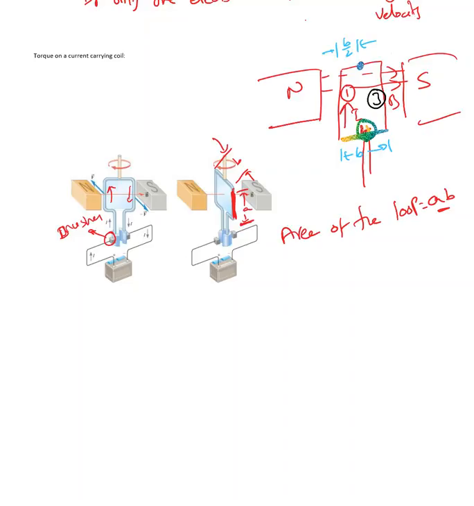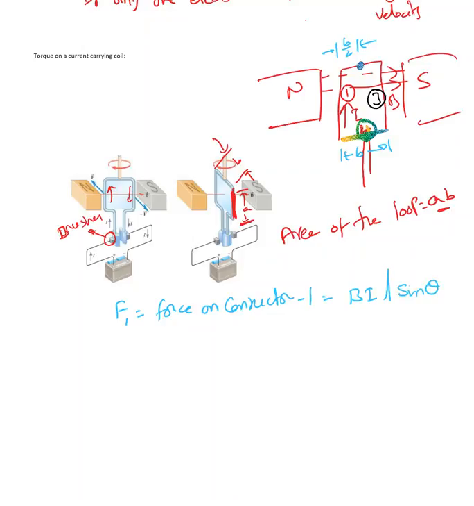Now the force on conductor 1, because of the current carrying conductor, F1 equals force on conductor 1 equals, there is a magnetic field B and length of the conductor, BIL sin theta.